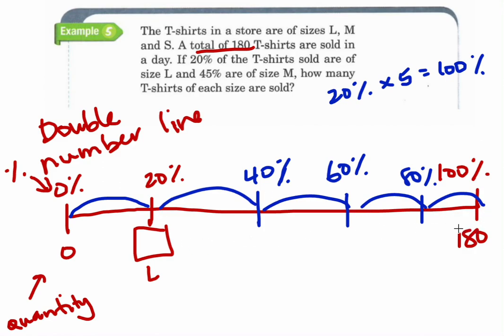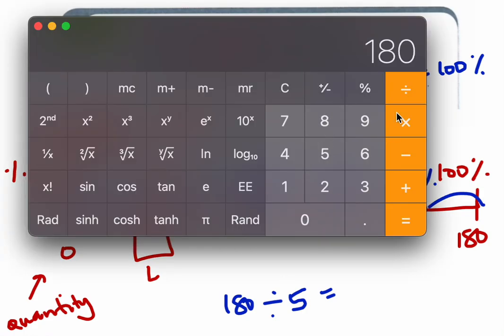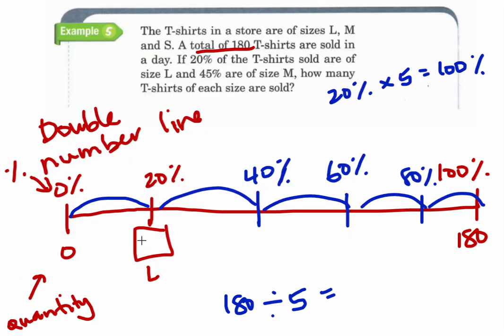Well, then I can take that and do the same thing with 180. 180 divided by 5, let's see what that is in our calculator. 180 divided by 5 is 36. So that means that each of these 5 sections is equal to 36 t-shirts.